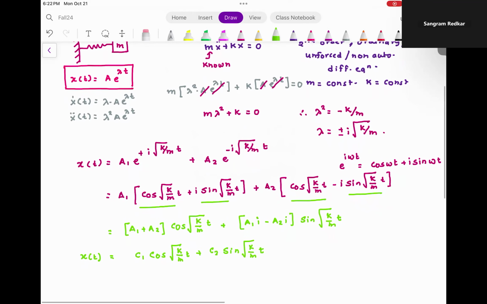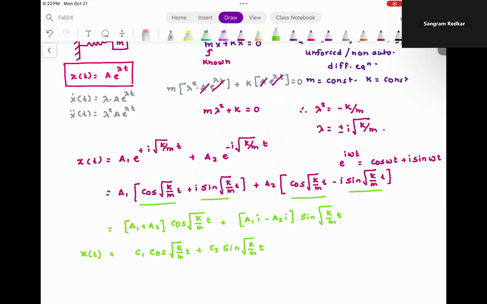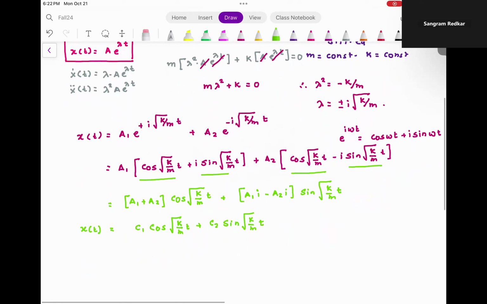What does this solution of the differential equation mean? It means if you look at the way that the mass is going to oscillate, it is going to oscillate in some type of simple harmonic motion.